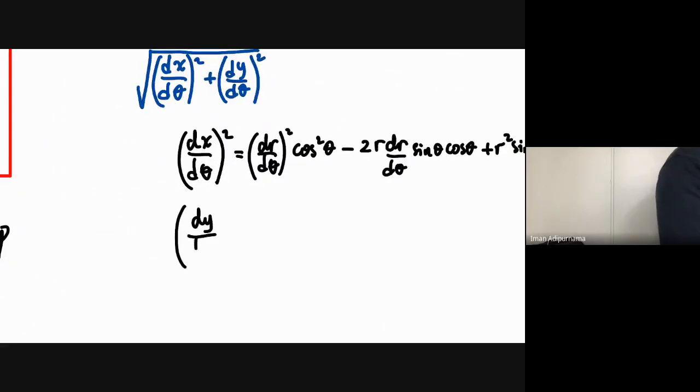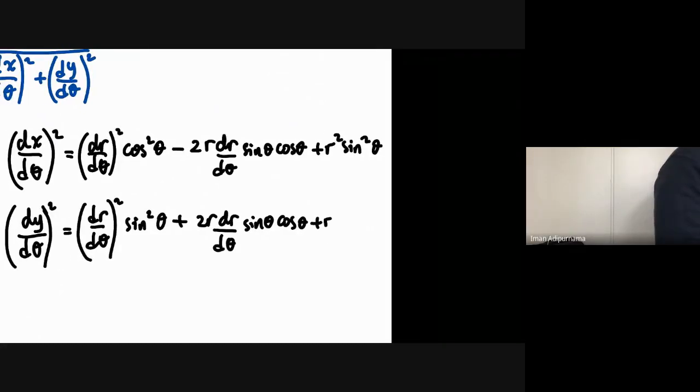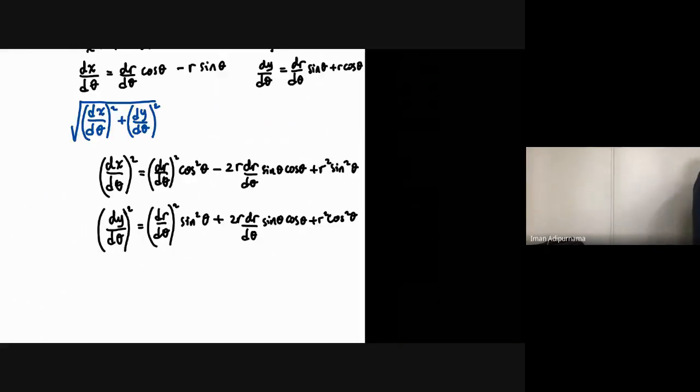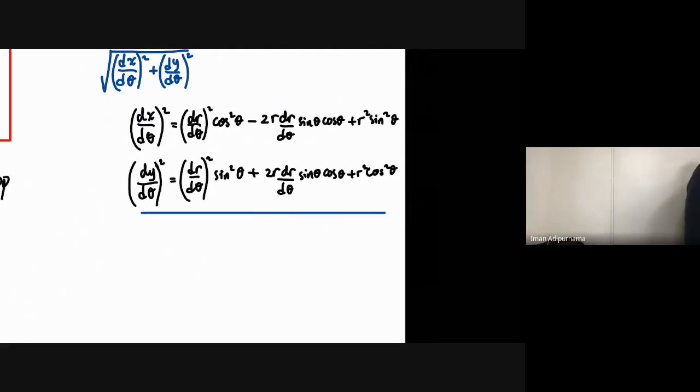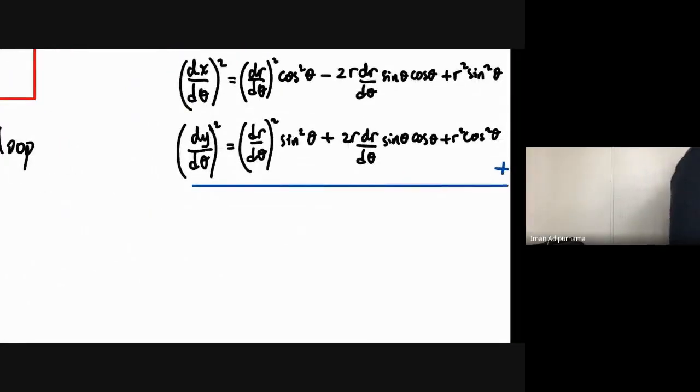Same thing for the second one, dy over d theta squared. This will be similar here, and this is minus a plus, and this will be cos squared theta. Now we need to add all these terms.